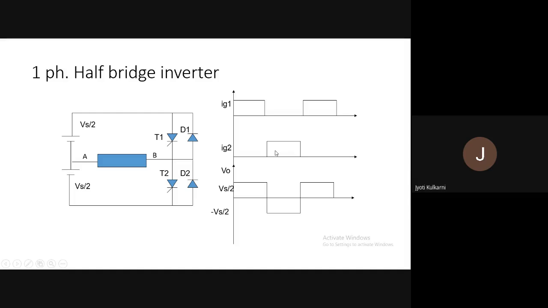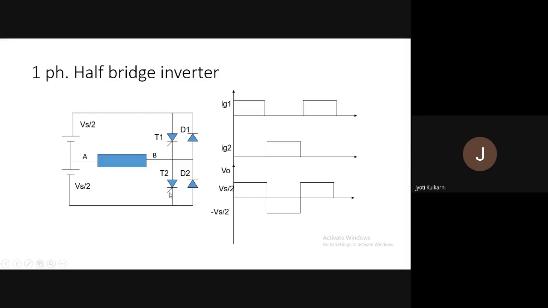Now at this point we have applied Ig2. Ig2 will take care of which device? Ig2 we will apply to the T2 SCR, that is the gate terminal of T2. So from this point onwards, Ig2 is going to conduct T2, that is the lower thyristor.